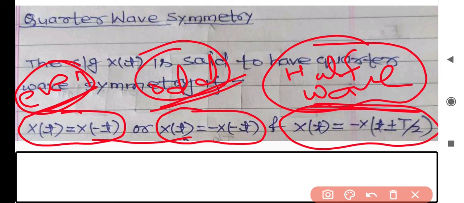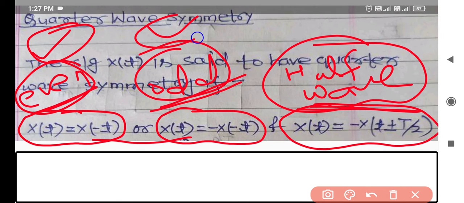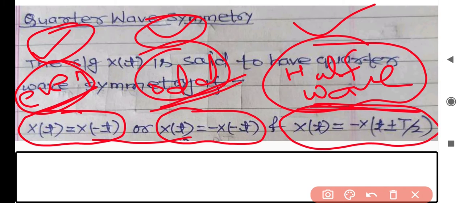If this happens, then this signal is said to have quarter wave symmetry. So for the existence of quarter wave symmetry, the signal should possess either this or this, and along with this or this, it should have half wave symmetry.